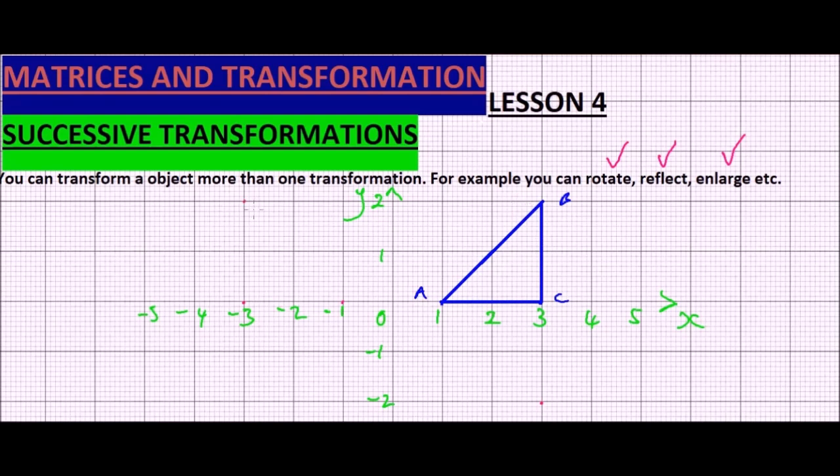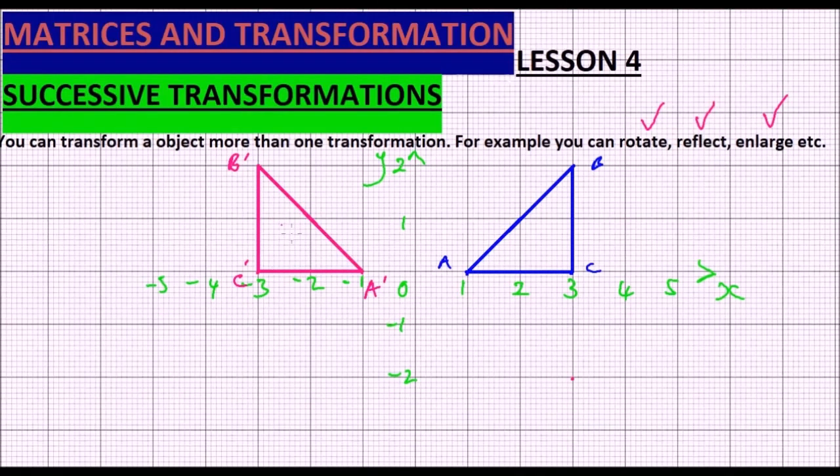So this is the image of A, this is the image of C, and this is the image of B. You can give them A prime, B prime, and C prime. So we have obtained our new triangle, A prime, B prime, and C prime, after reflecting our object to our new image, which we can call image 1, after that transformation.